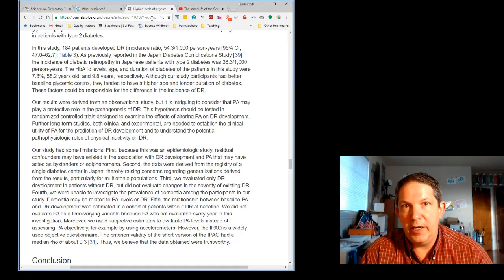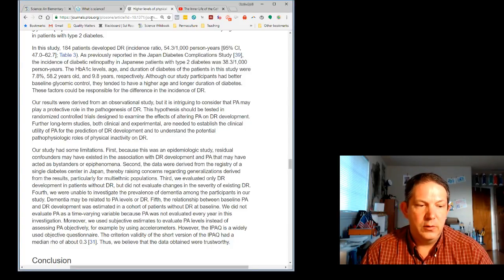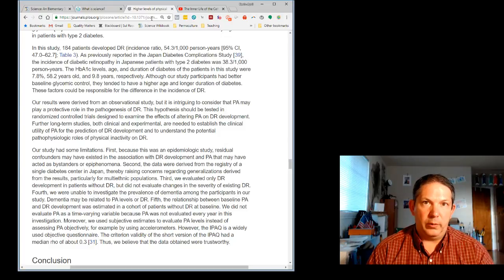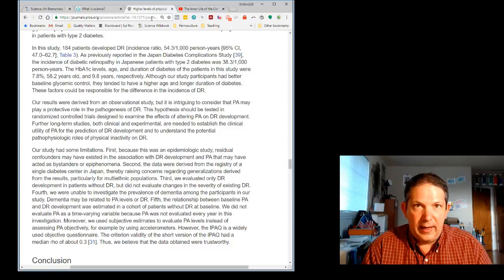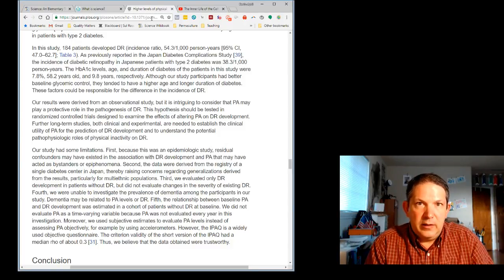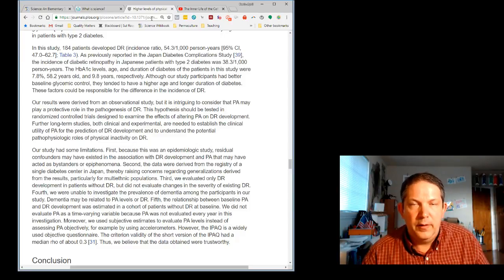people have biases of all kinds, and you want to identify your own biases and try to work around them or compensate for them. Maybe you have an idea that physical activity is going to be good for preventing diabetic retinopathy, but if you already think that, you have to set it up in a way that you could convince yourself that you were wrong, right?